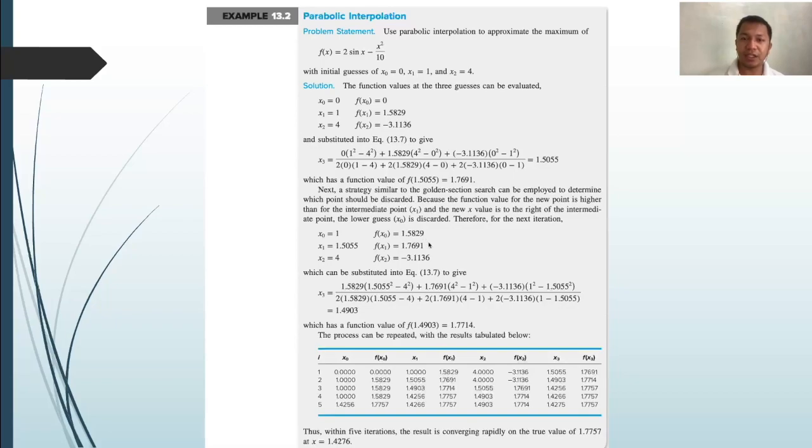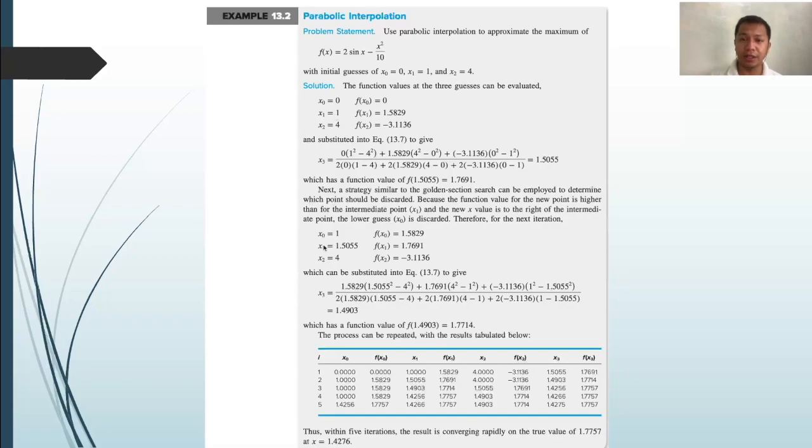Next, a strategy similar to the golden section search can be employed to determine which point should be disregarded. Because the function value of the new point is higher than the intermediate point, and the new x value is to the right of the intermediate point, the lower guess x0 is discarded. Therefore, for the next iteration, we will have these values. On the first iteration, we have x0 is equal to 0.